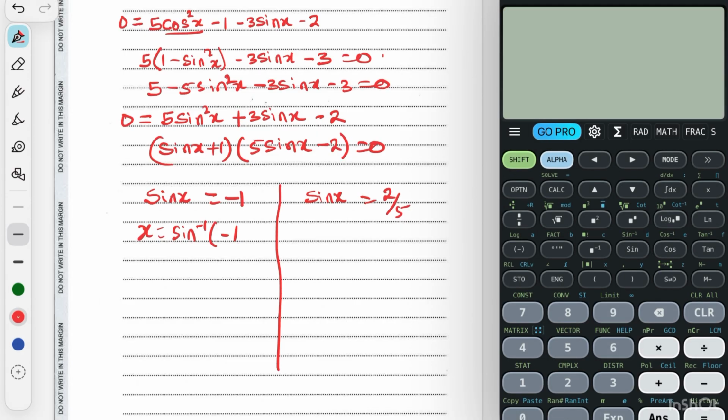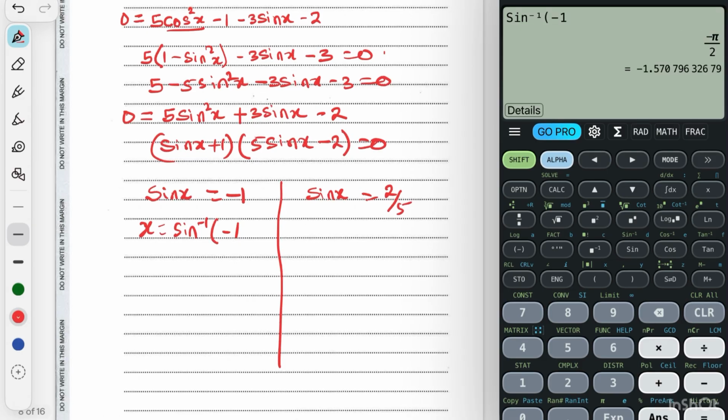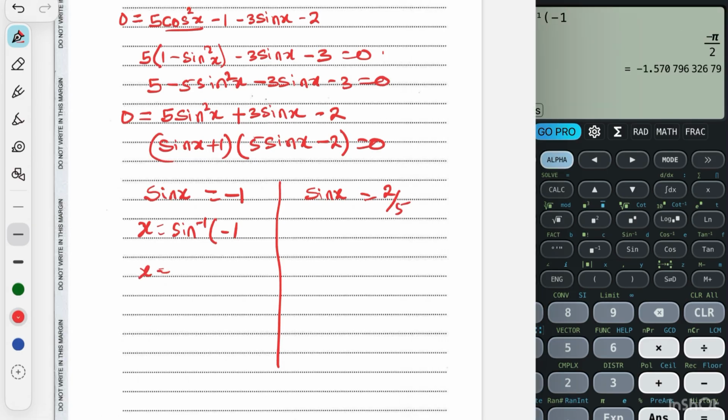So shift sine inverse of minus 1. We get minus pi by 2. Okay, now, but minus pi by 2 is not in the range, right?